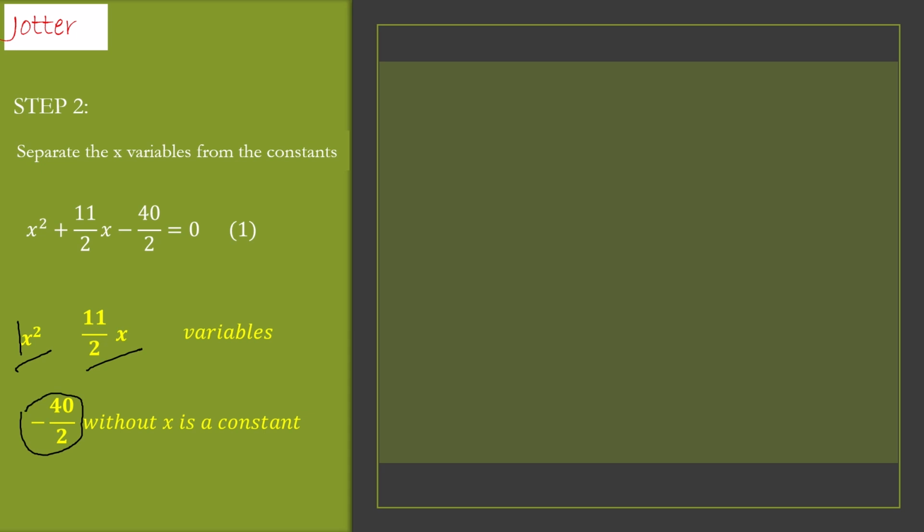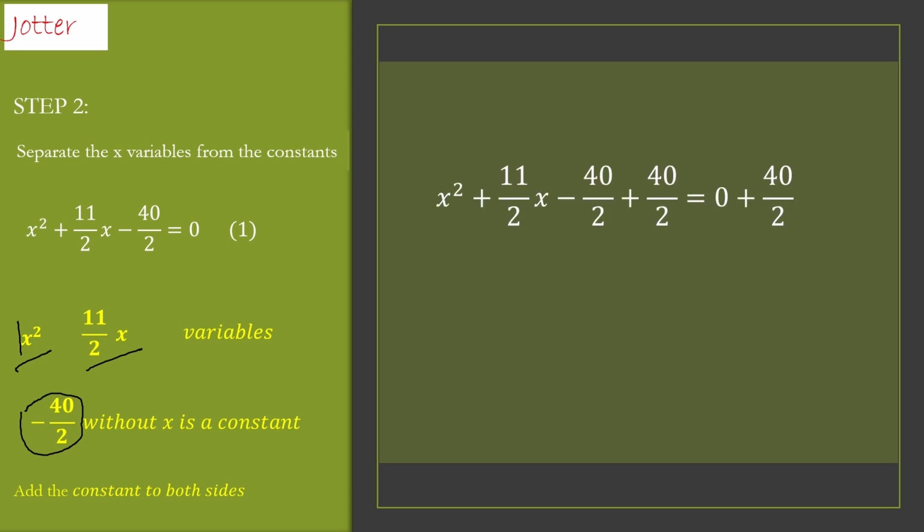In order to remove it from the left hand side, because it carries a negative, this time we will have to add it to the left hand side and at the same time add it to the right hand side. And so we have this expression. And from here we see that minus 40 over 2 plus 40 over 2 will disappear, become 0.